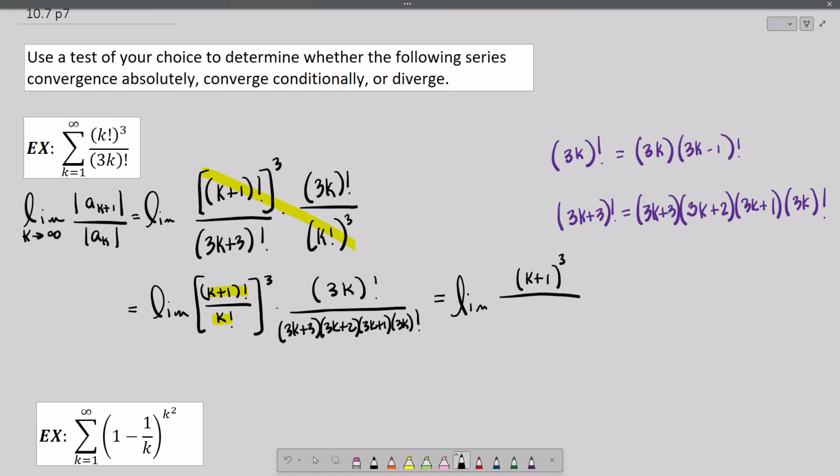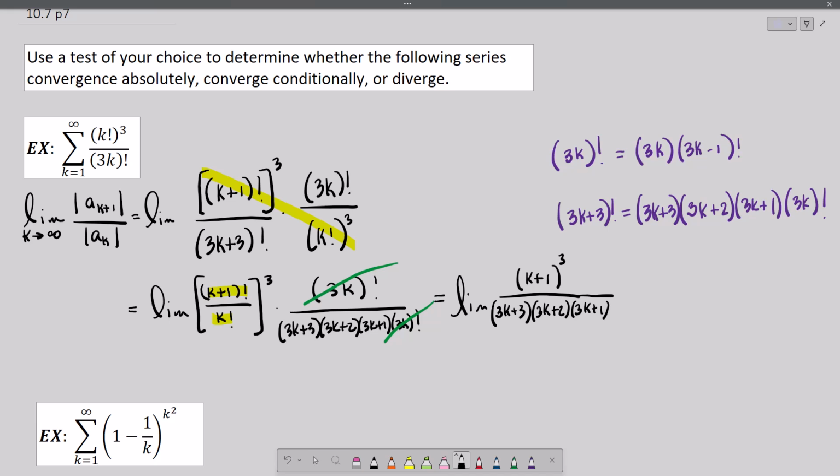So k plus 1 cubed. Down below, this is canceling with this. So we have 3 factors down here: a 3k plus 3, a 3k plus 2, and a 3k plus 1.